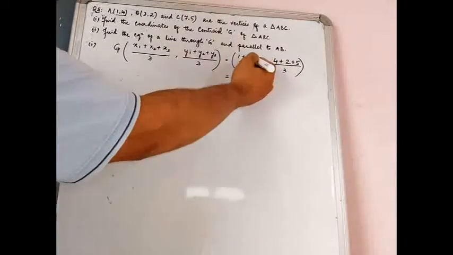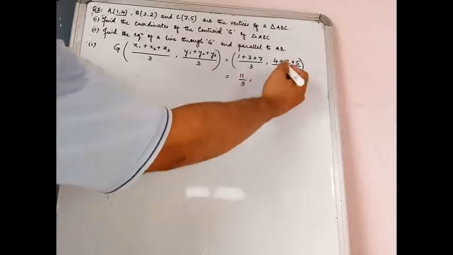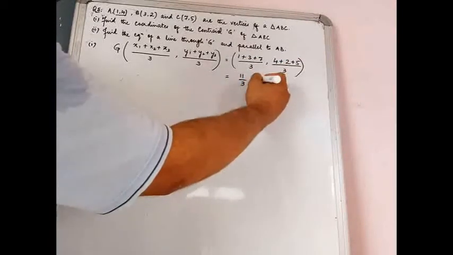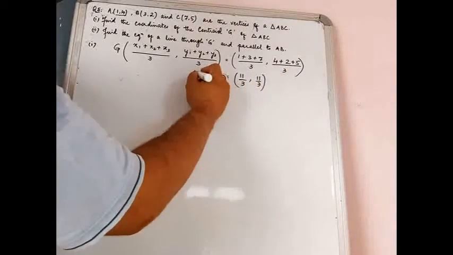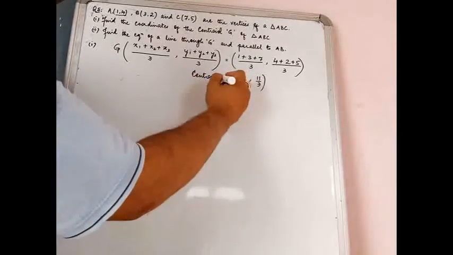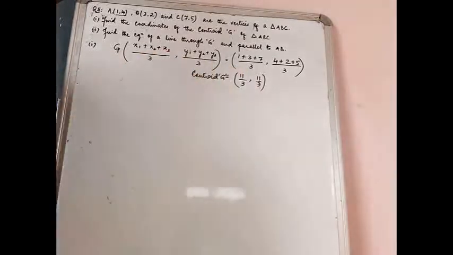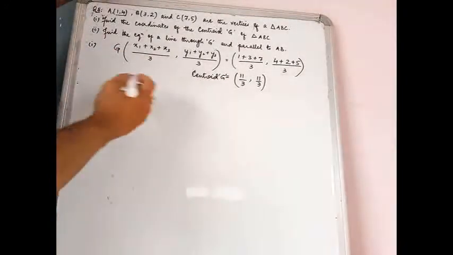Okay, so 7 and 3 is 10 and plus 1 is 11 by 3, comma 4 and 2 is 6, 5 is 11 by 3 again. So your centroid coordinates simply come out to be, you represent it with the capital G, 11 by 3 comma 11 by 3.